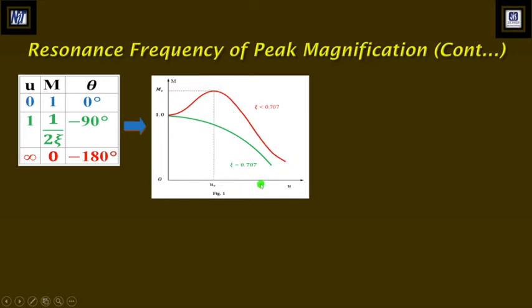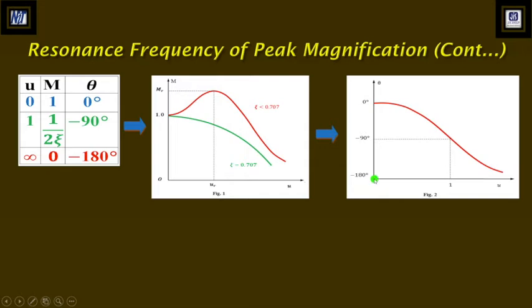When u equals infinity, the magnitude is 0. This point is the maximum magnitude, Mr. The frequency at which this is the maximum magnitude, this is the peak magnitude. Ur is called the normalized resonant frequency.